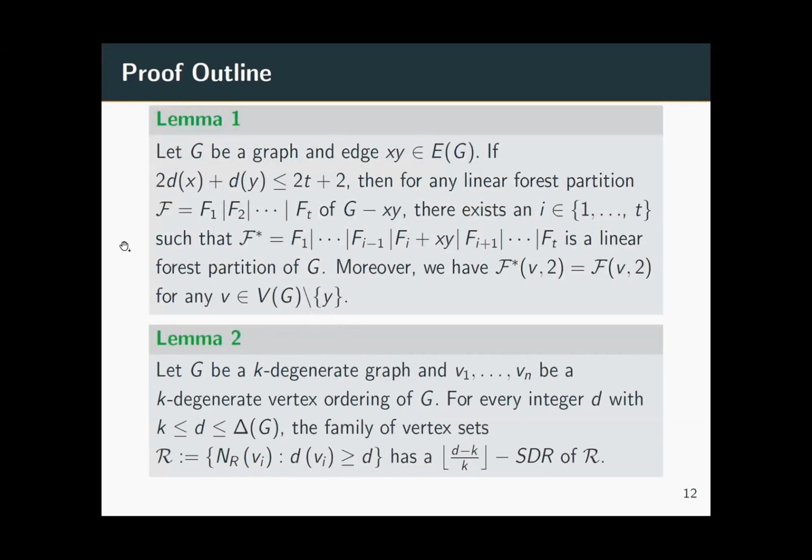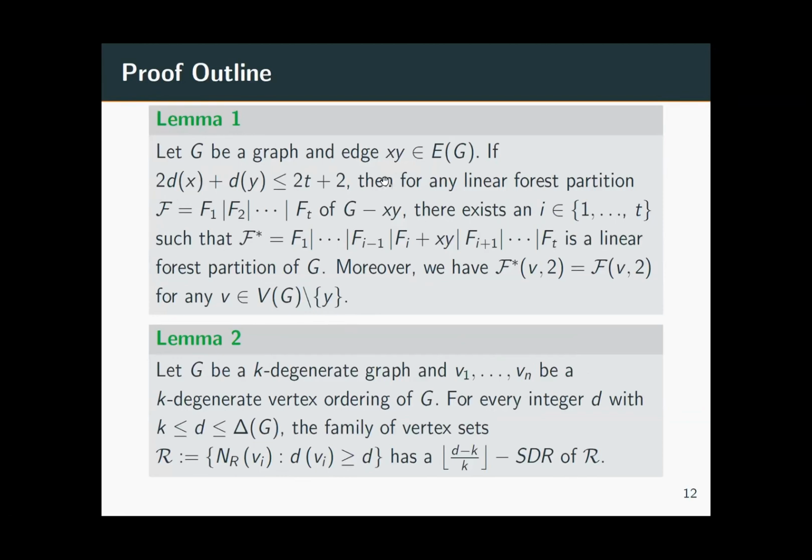We actually used two lemmas, and each lemma cares for different degree requirements when adding new vertices and new edges. The first lemma cares about those vertices with small degree.